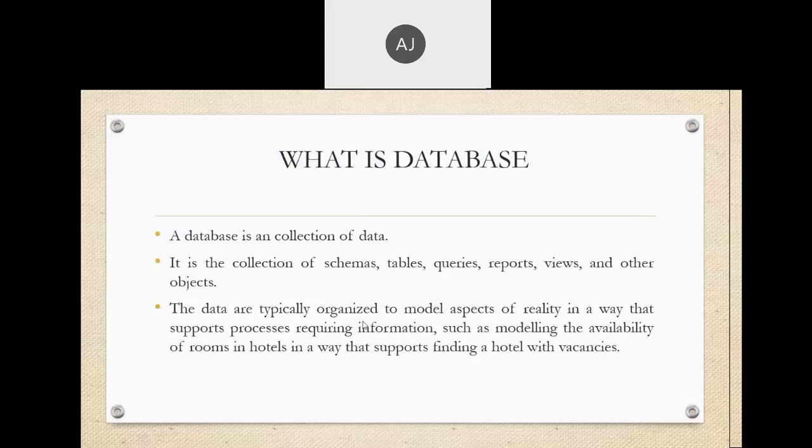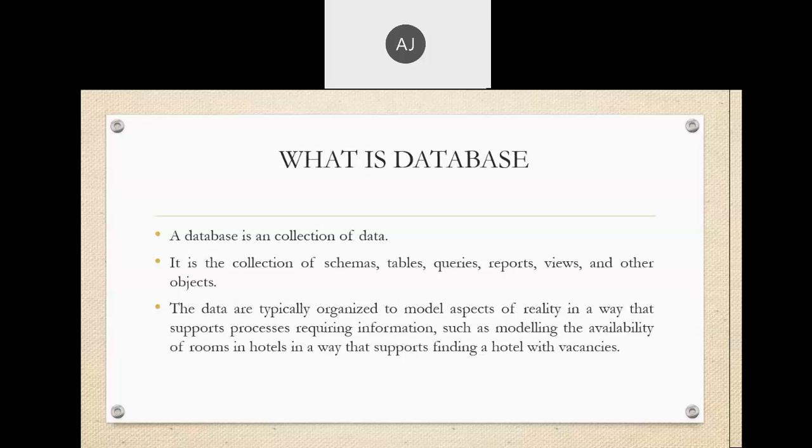So data are typically organized to model aspects of reality in a way that supports processing requiring information, such as modeling. We'll discuss the modeling and design, the availability of rooms in a hotel in a way that supports finding a hotel with vacancies. It's just the theory part. Just assume that it is a database.